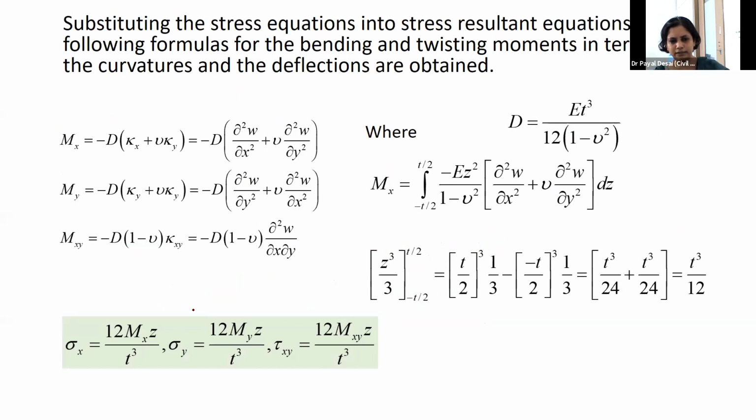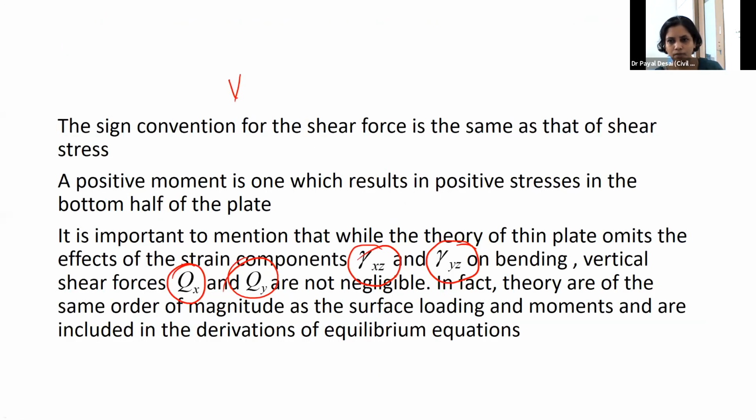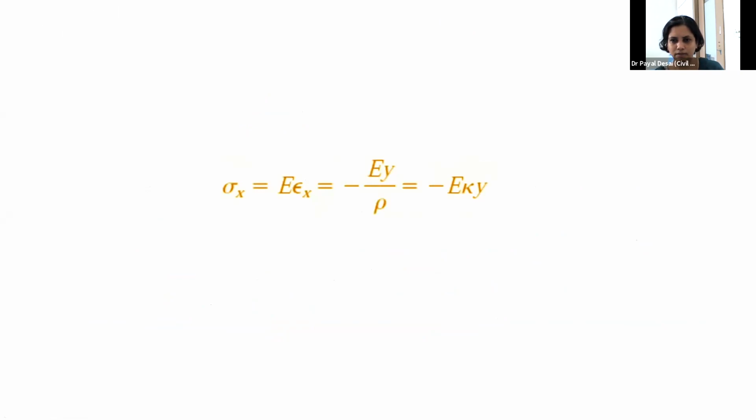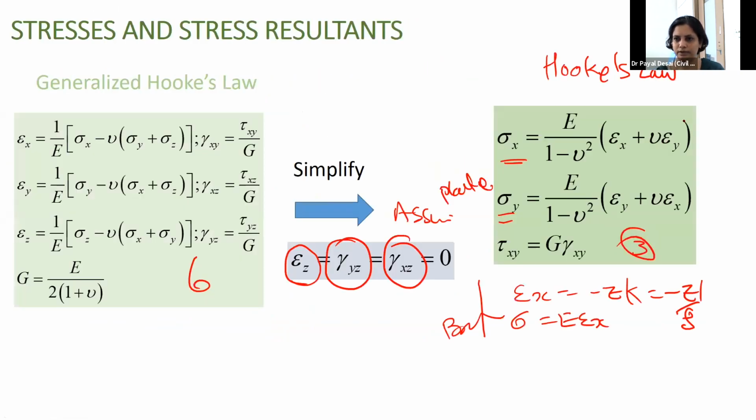Further, when you integrate, you also want to determine the stress once you know the moment. I have this moment equation, and then I can replace this into the formula for the stresses. So these are the equations.